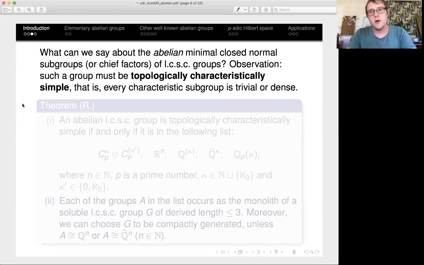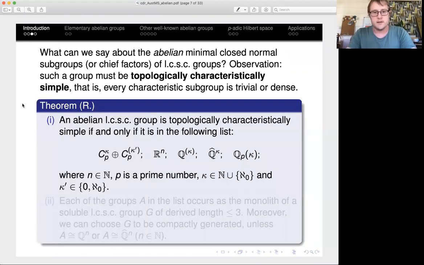Okay, so it turns out we can classify these things. Here's the list. There are 5 families of topologically characteristically simple abelian l.c.s.c. groups, and I'll explain what each of these are in the rest of the talk.